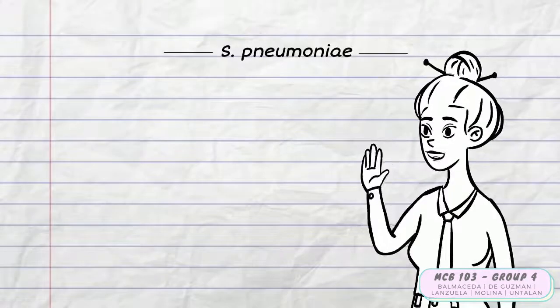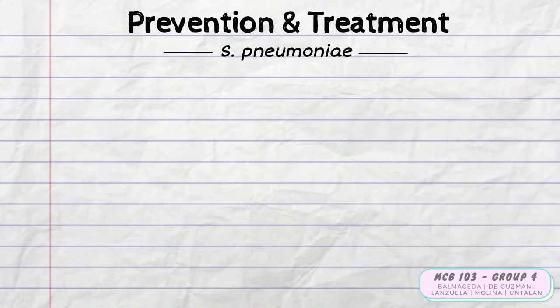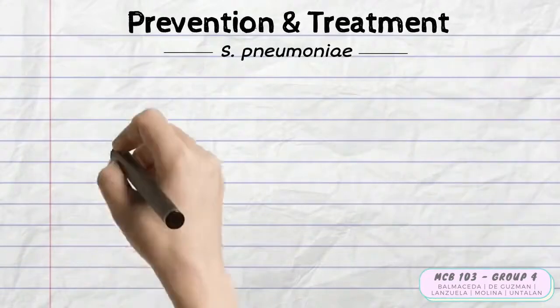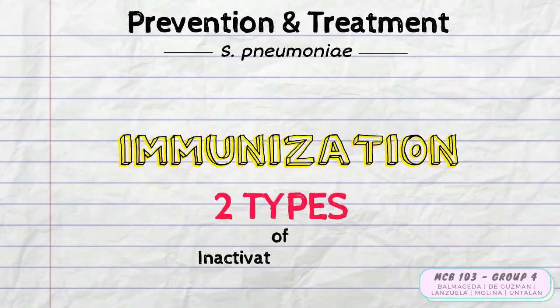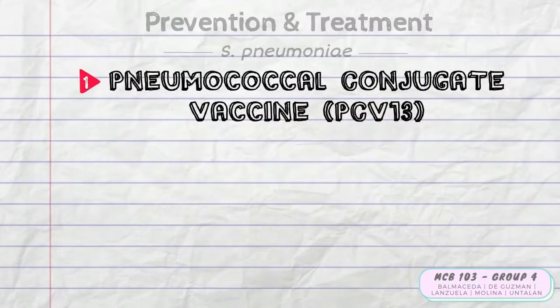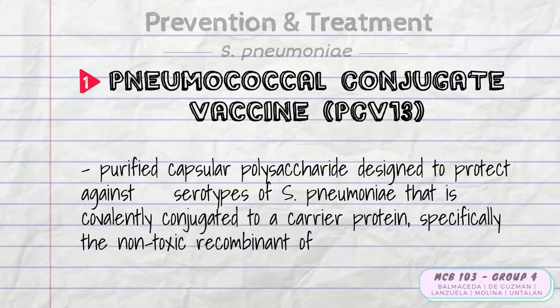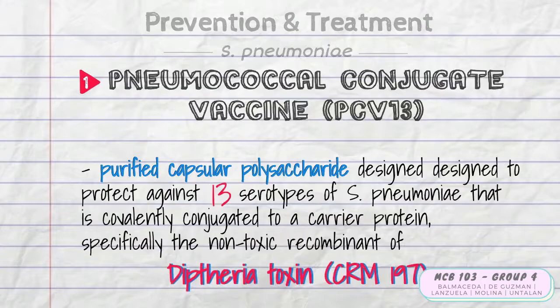Now we move on to the control, management, and prevention of S. pneumoniae. The most definitive preventive measure is immunization, and currently, there are two types of inactivated vaccines that protect against S. pneumoniae. First, the pneumococcal conjugate vaccine, or PCV13, which is a purified capsular polysaccharide designed to protect against 13 serotypes of S. pneumoniae that is covalently conjugated to a carrier protein, specifically the non-toxic recombinant of diphtheria toxin, or CRM197.